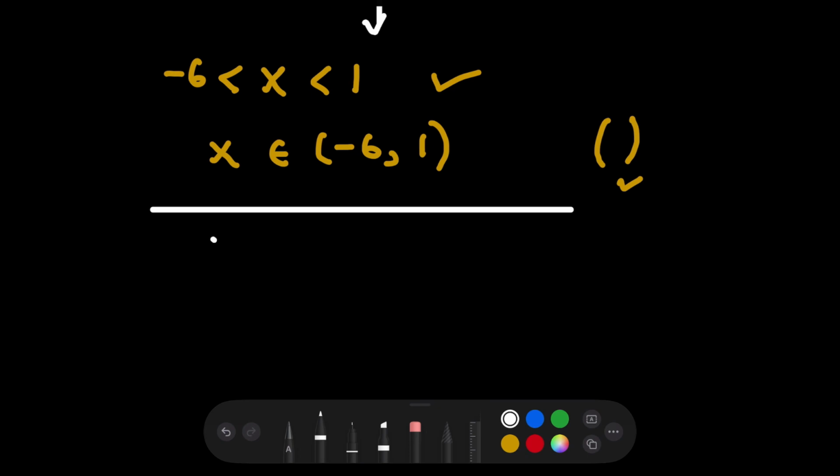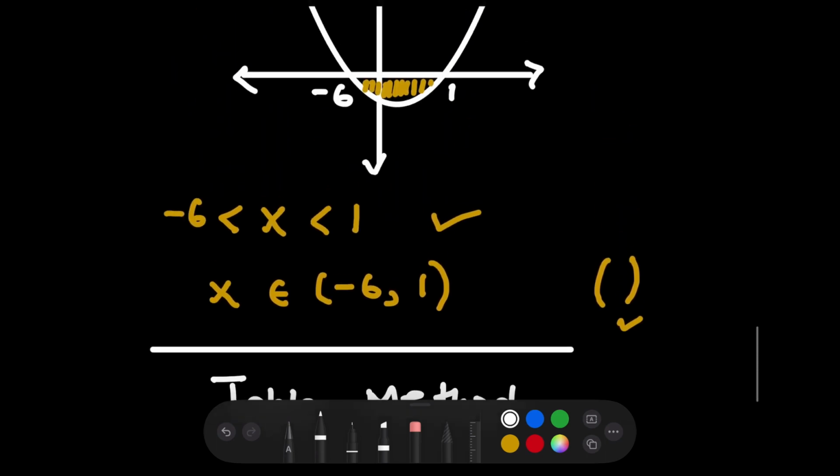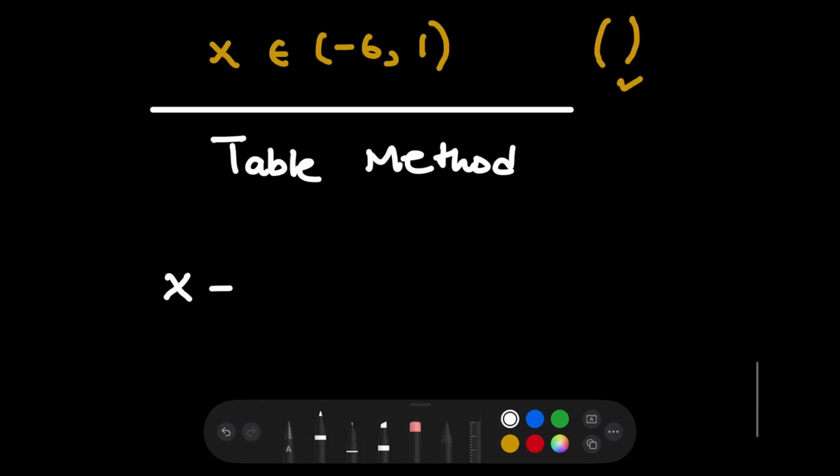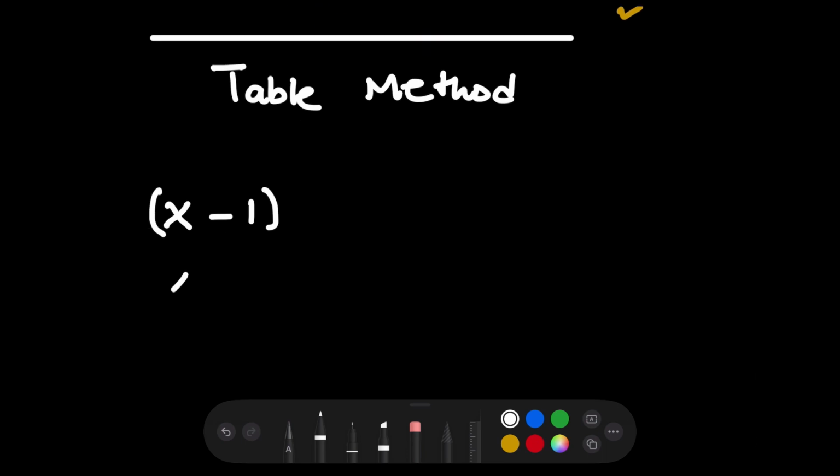Let's now look at the table method real quick, as others would call it. It's more or less the same thing. On the table method, we do not necessarily need to know how the function looks. So we've got x minus 1, and then we've got x plus 6.